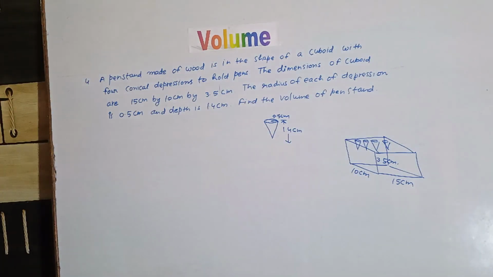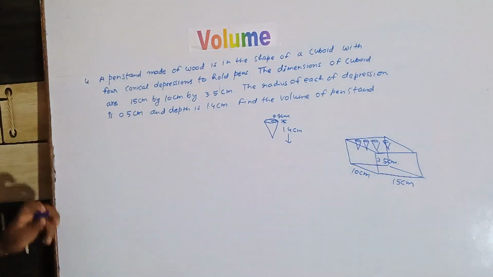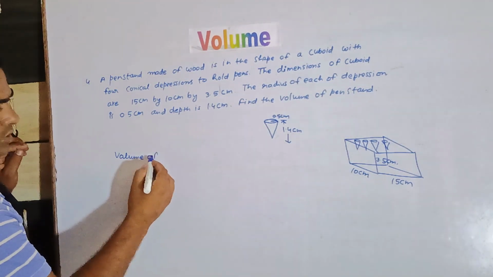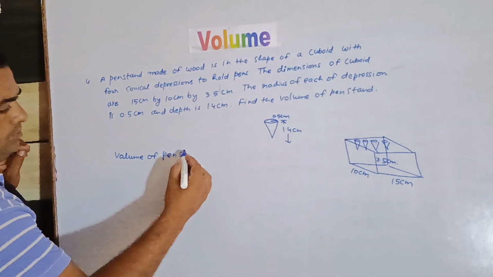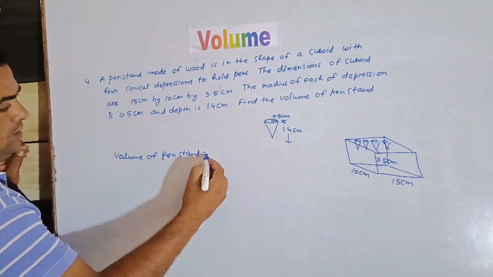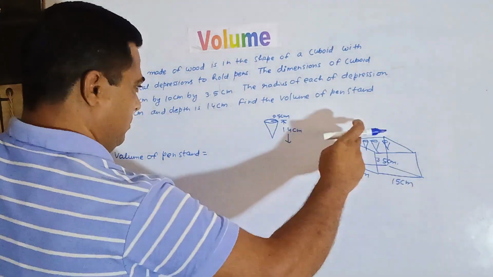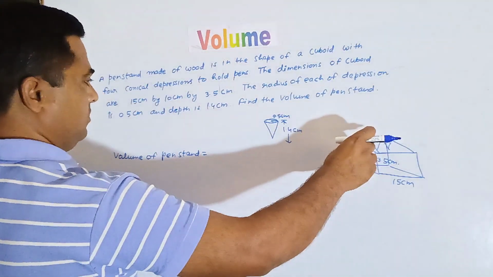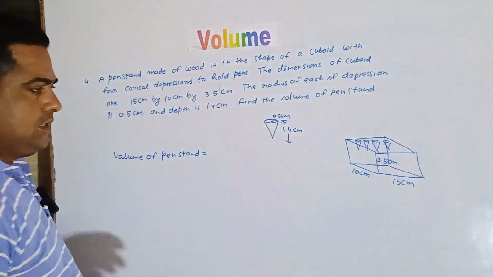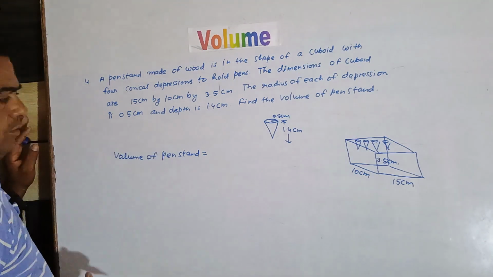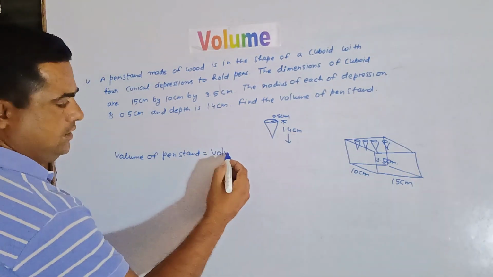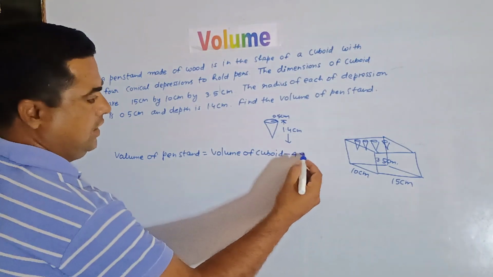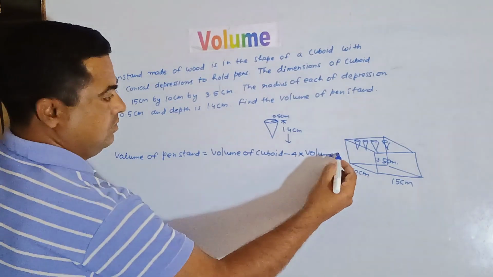We have to find the volume of this pen stand. The volume of the pen stand is equal to the volume of the cuboid minus the volume of four cones, because we are cutting out the cones and taking them out from this cuboid. So the volume of the pen stand is equal to the volume of the cuboid minus 4 into the volume of a cone.